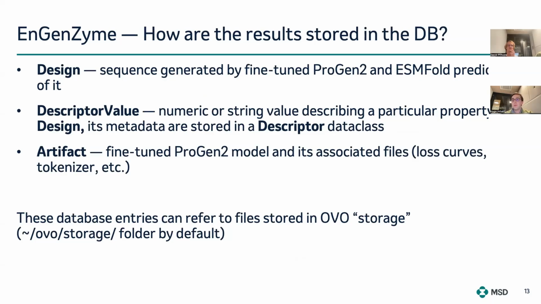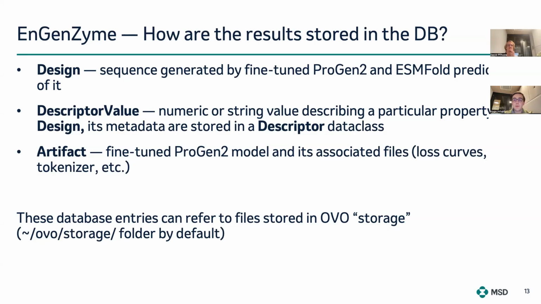So what actually gets saved as the output of this workflow? Firstly, the designs: it's a sequence generated by Progen2, and the ESM-fold predicted structure. Associated with each design, there are several descriptor values, which you also define as part of the plugin.